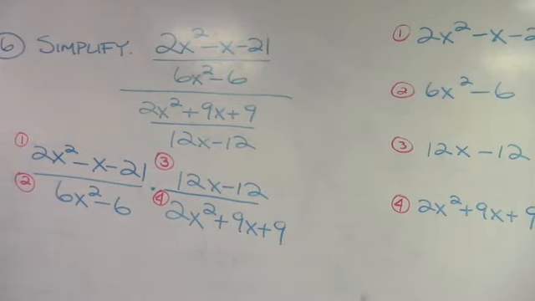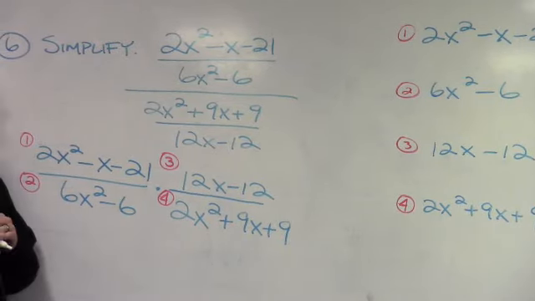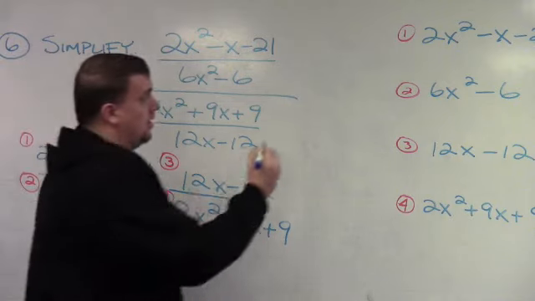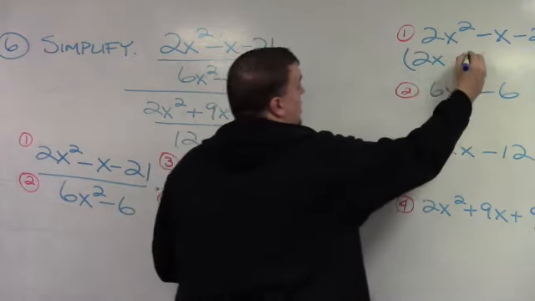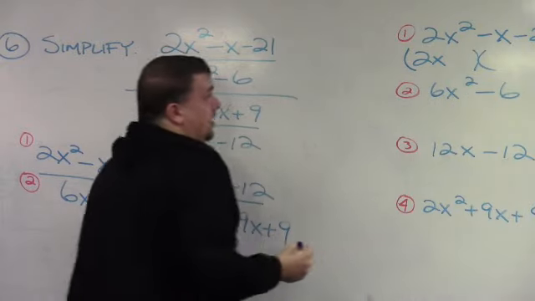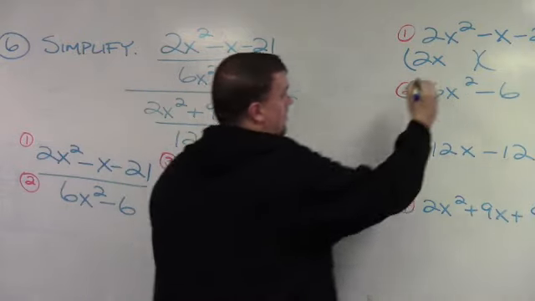So 2x squared minus x minus 21, what will that end up factoring into? 2x squared plus 6x minus 7x minus 21. And what do the two factors end up being? 2x minus 7, x plus 3.